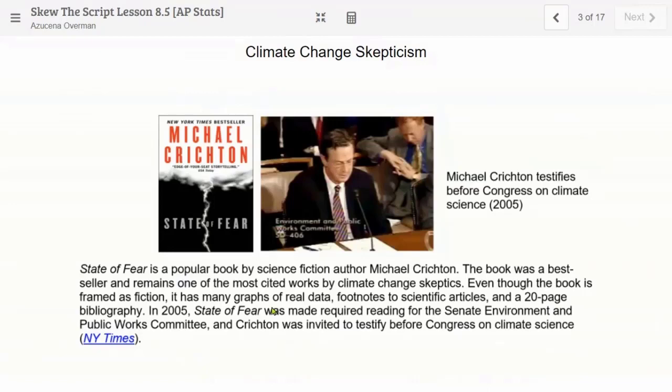So here, it's a bestseller, and it remains one of the most cited works by climate change skeptics. Even though it is framed as fiction, he did not say it was real. It has many graphs of real data, footnotes to scientific articles, and a 20-page bibliography. Wow. And it was made required reading for the Senate Environment and Public Works Committee. And he actually did testify in front of them.